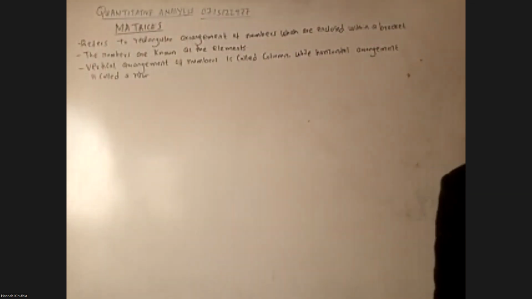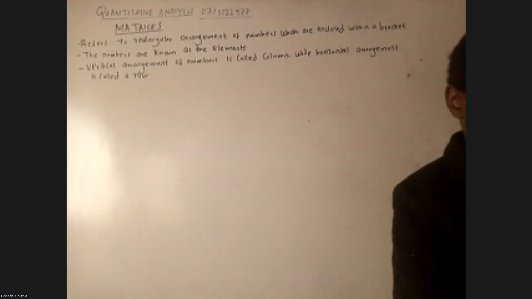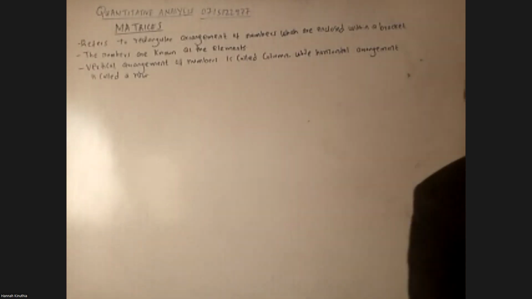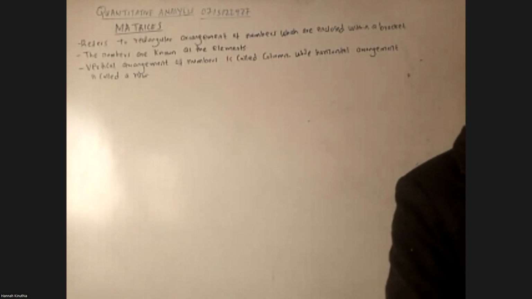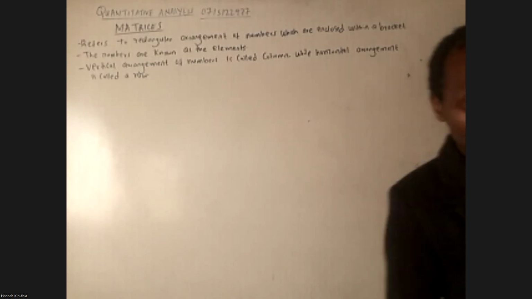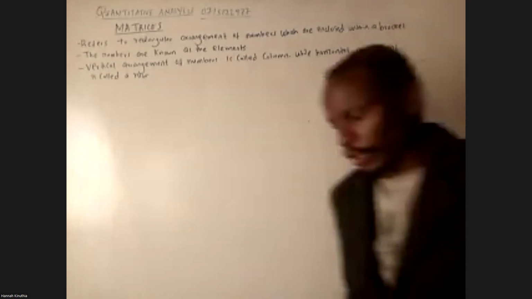So that's a definition of the word matrix. When we talk about any rectangular arrangement of numbers which is enclosed in a rectangle, then that one is what we call a matrix.